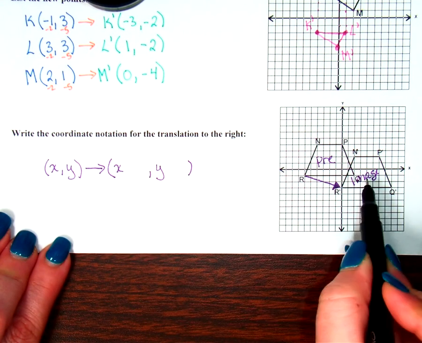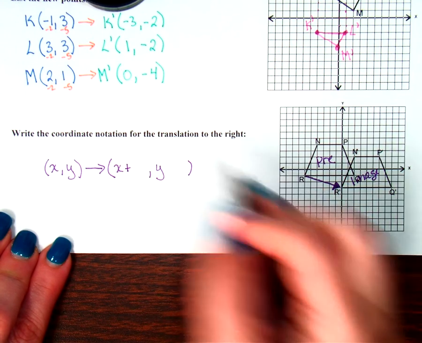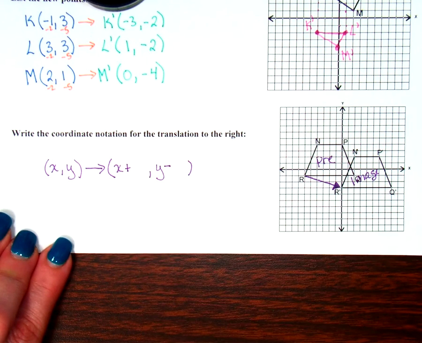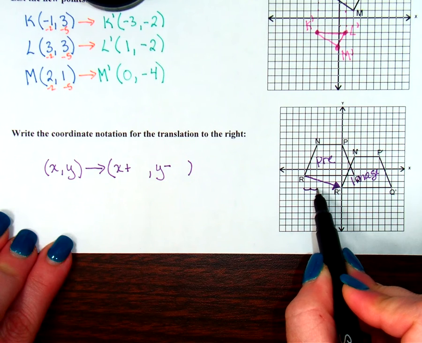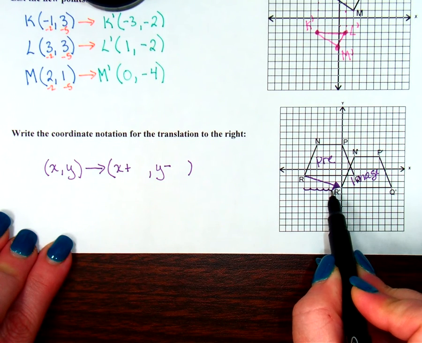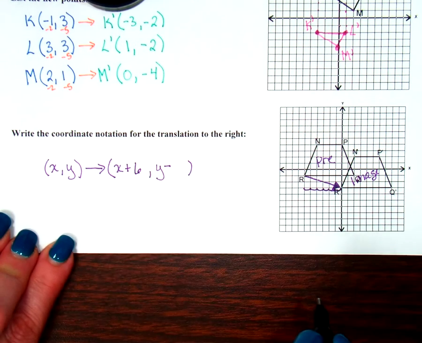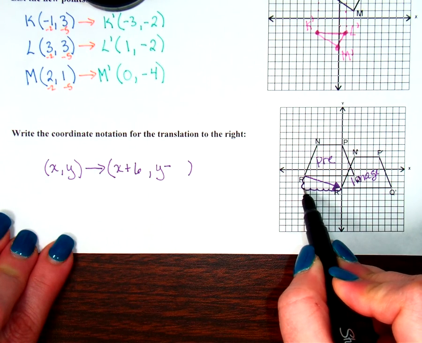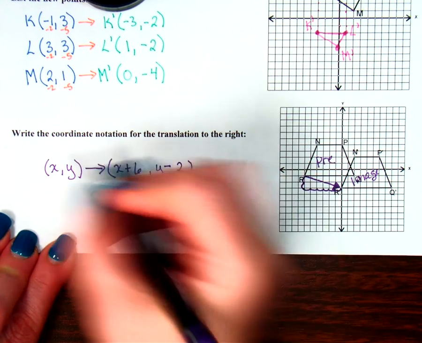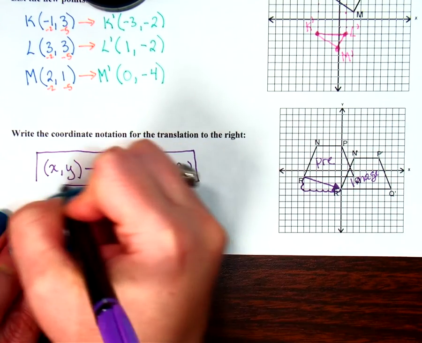I can see I'm moving to the right, so I know I'm adding to x. I can see I'm moving down, so I know I'm subtracting from y. But how much, right? So how much am I moving to the right? 1, 2, 3, 4, 5, 6 to the right. How much am I moving down? 1, 2 down. So here is my coordinate notation.